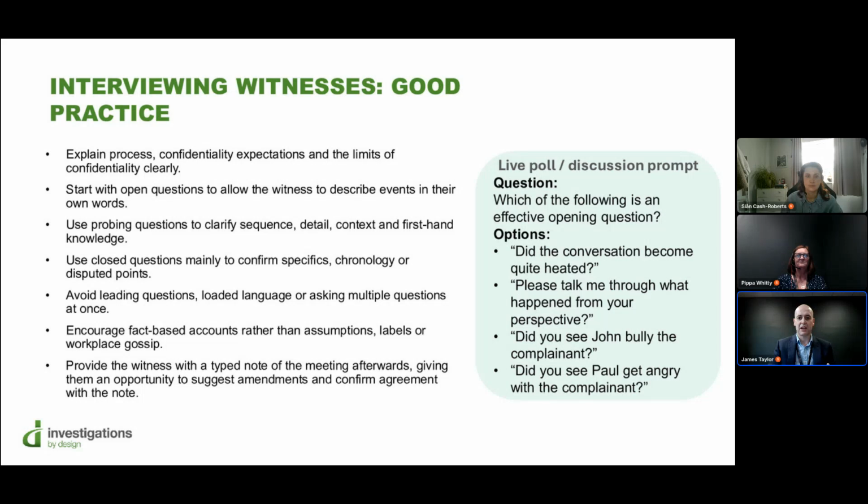Clarifying questions can be useful when something's unclear, and a closed question can be used later for specifics, often disputed points, or when you're meeting with the subject of the complaint and they're talking about everything except the complaint. I can't believe you're still talking about the fact I murdered my wife, but you never talk about the fact that I gave her Christmas presents. So you've got to actually get to the nub of the issue, as it were.